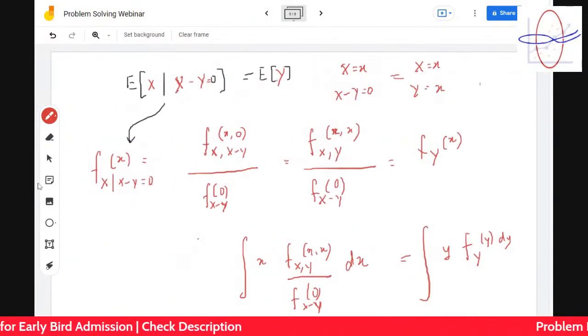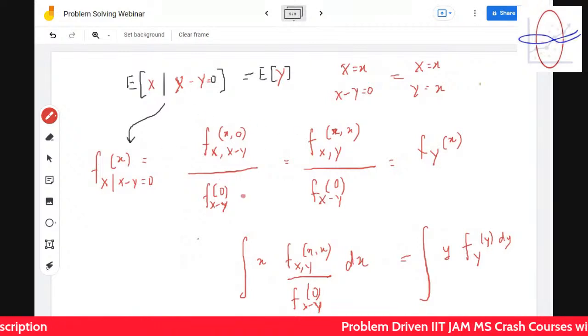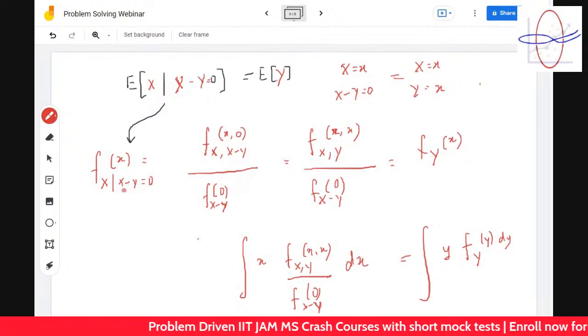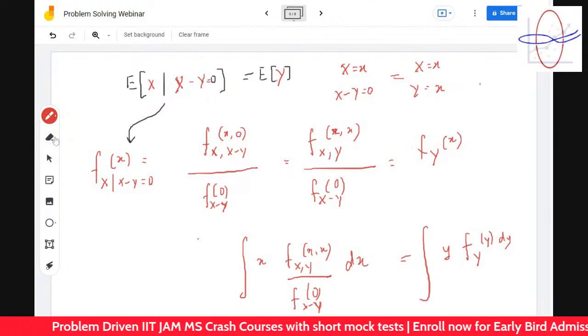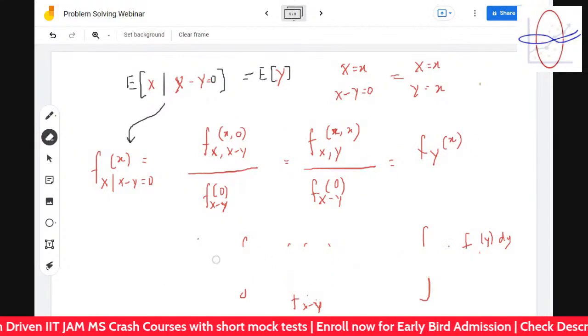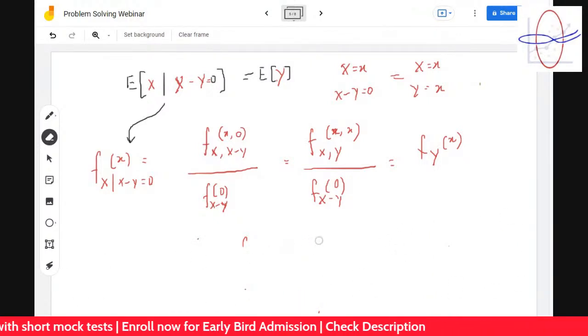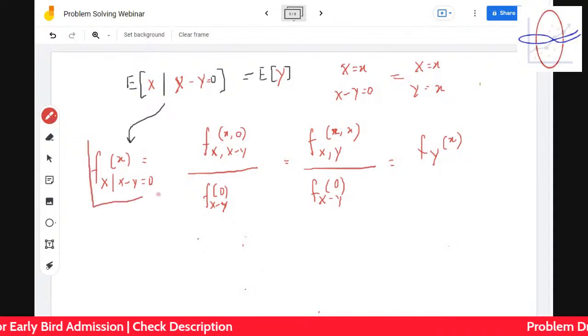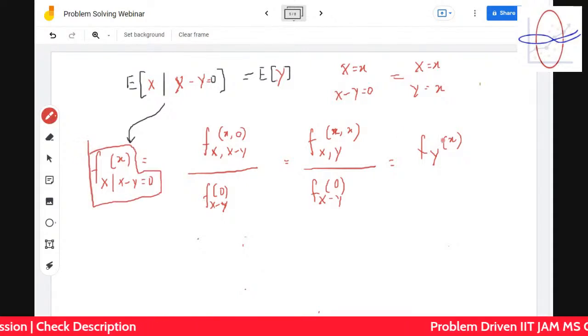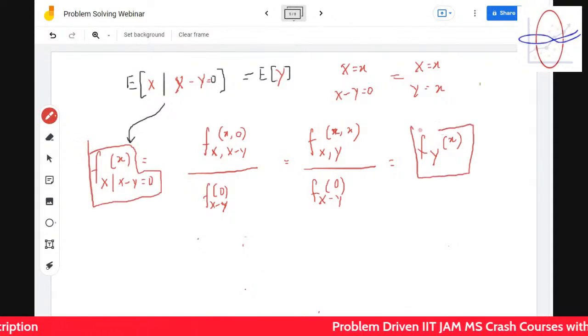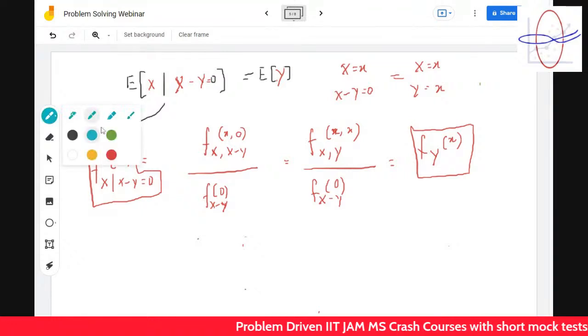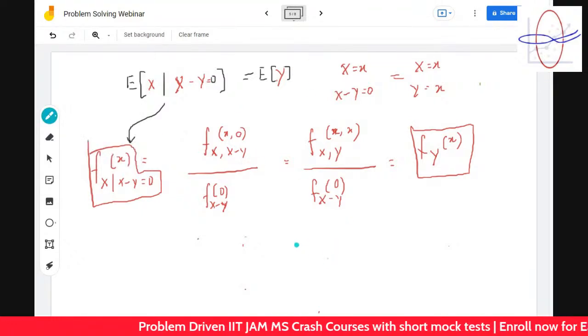That's my question. Here x given y, x is equal to y is this random variable. Is it equal to y? Let's forget the expectation. Equal to y means what? The PDF must be the same, right? Its PDF is the same as the other's PDF. The question is whether they're equal or not.